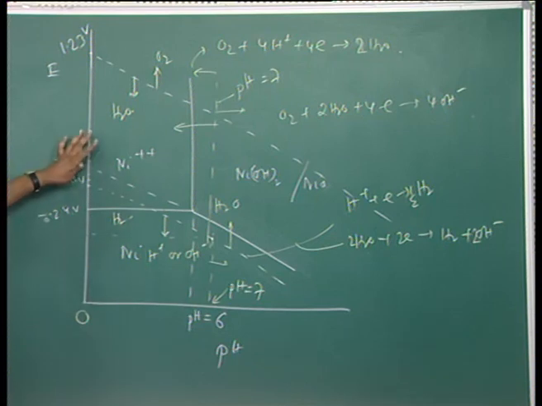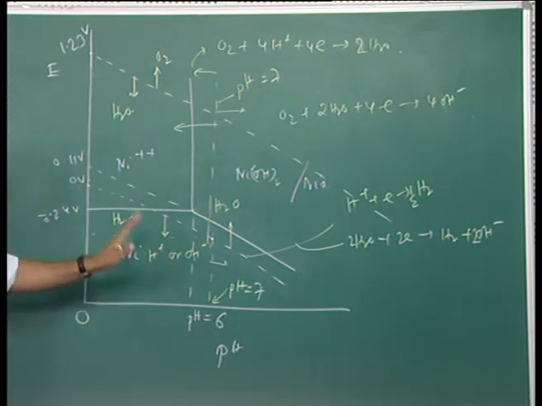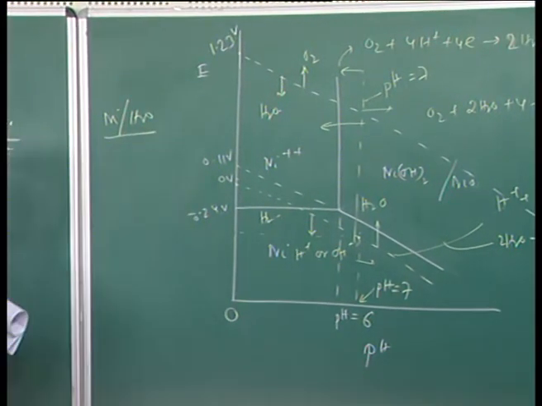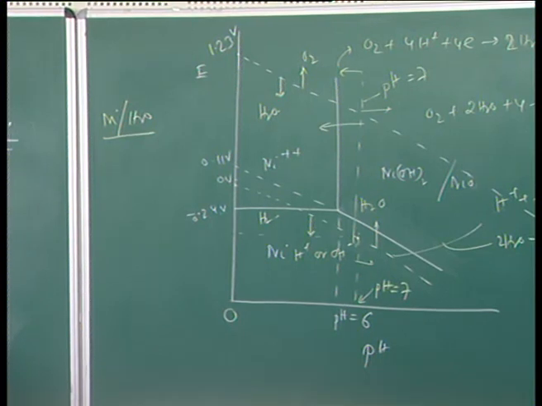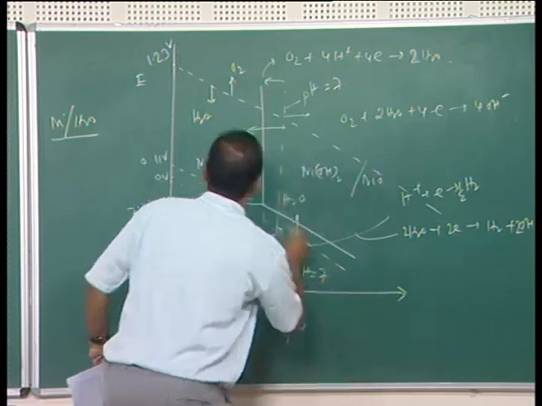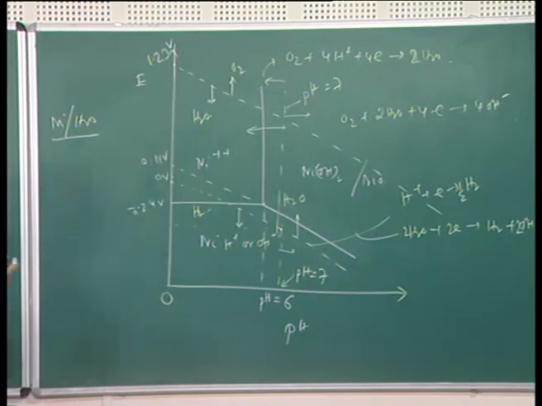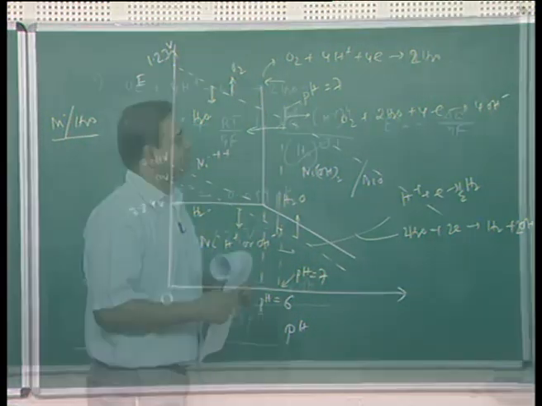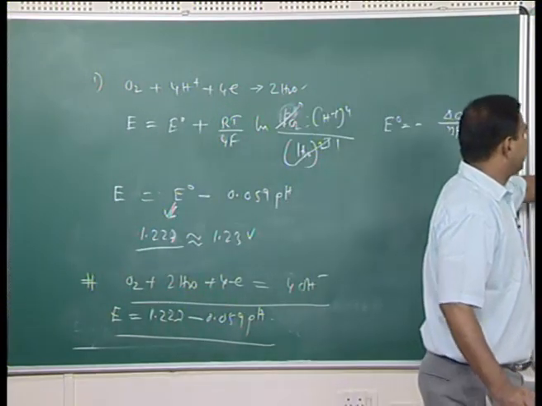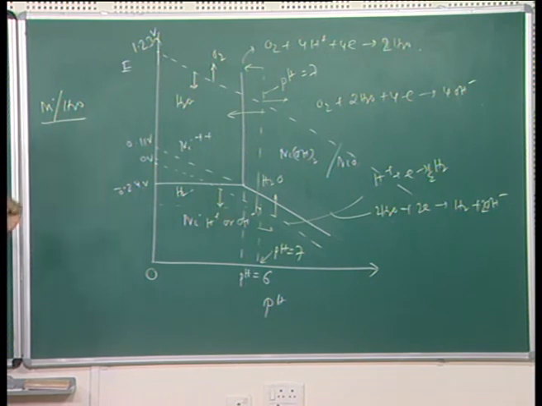Now, if you want to draw a Pourbaix diagram for the Ni H2O system, then this should be my complete diagram with the reactions which are available in our hand. So, now we come to know the complete Pourbaix diagram for the nickel H2O system.